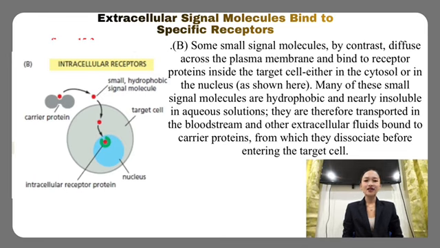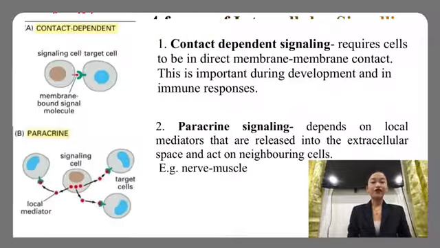When they reach the target cells, they enter and bind to receptors found inside the cytosol or even the nucleus, directly affecting gene expression. In short, cell surface receptors are for hydrophilic signals that stay outside, while intracellular receptors are for hydrophobic signals that go inside. There are 4 forms of intercellular signaling.